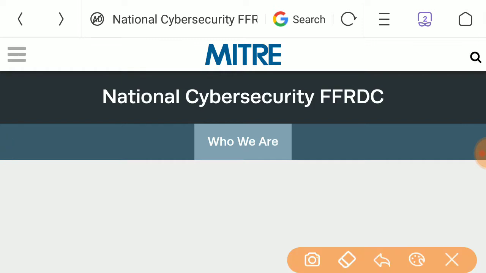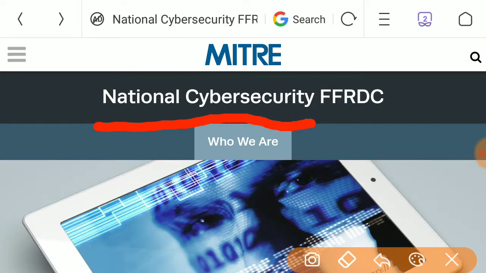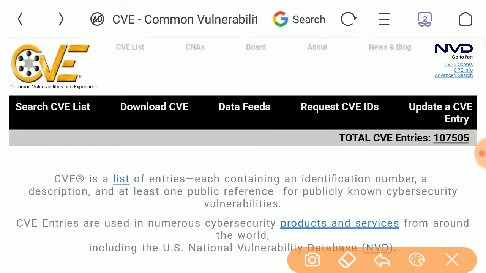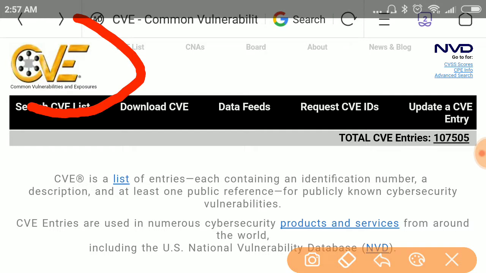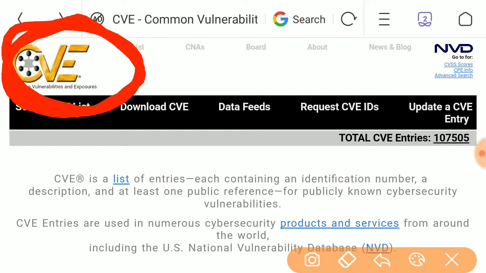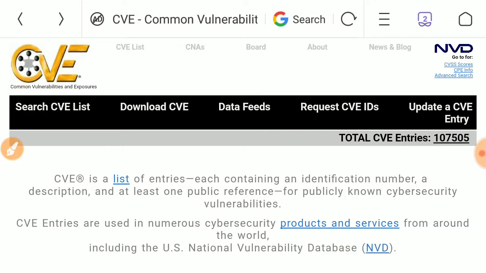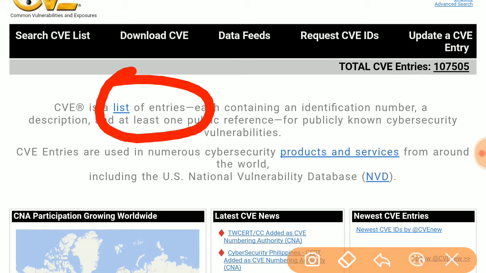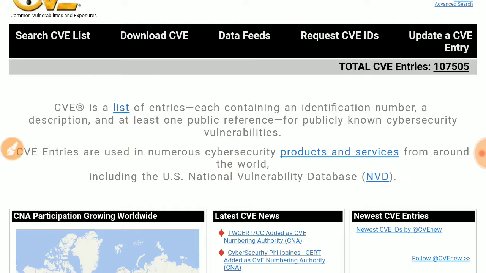One of its centers, the National Cybersecurity Federally Funded Research and Development Center, maintains a database of software vulnerabilities, which is just a list of entries of vulnerabilities referenced by their identification number.